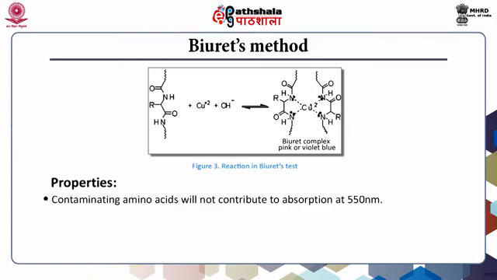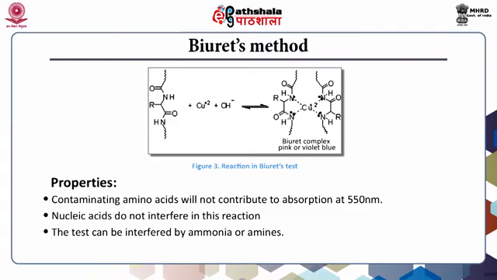It is a very commonly used method because it is not affected by any contaminating amino acid, since the complex formation depends on at least a dipeptide structure. It is also not interfered with by the presence of nucleic acid. But the major disadvantage is that this test can be interfered with by some compounds like ammonia or amine.